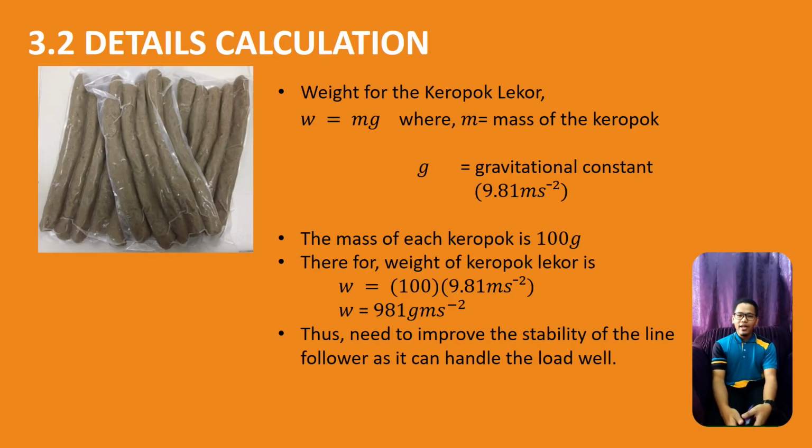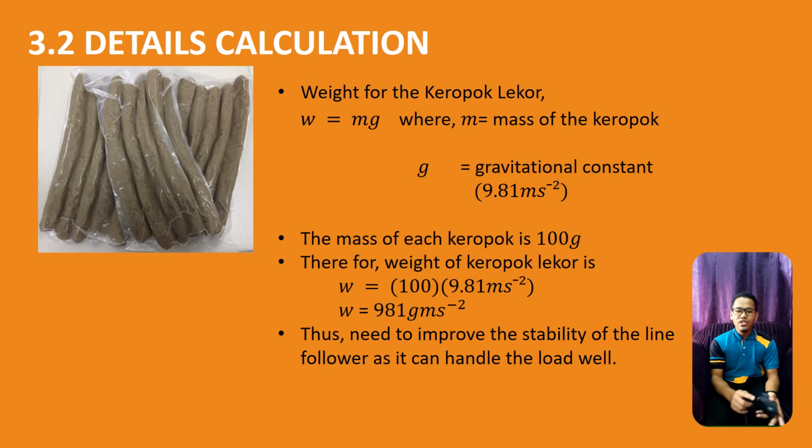Okay, for the next one, 3.2, which is about the detail of the calculation. The first one, we will weigh the keropok lekor with the formula W equals mg, where m is the mass of the keropok and g is the gravitational constant, as we know, equals 9.81 meters per second squared.